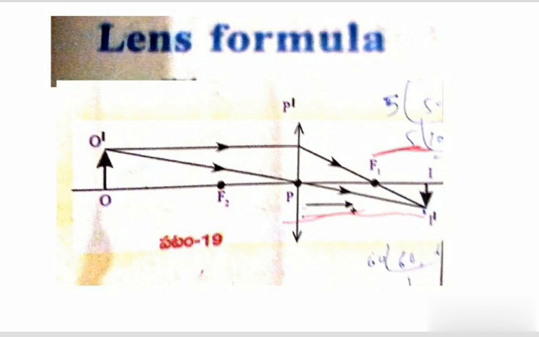Once you observe, these are similar triangles. When two triangles are similar, the ratio of the corresponding sides are in proportion.